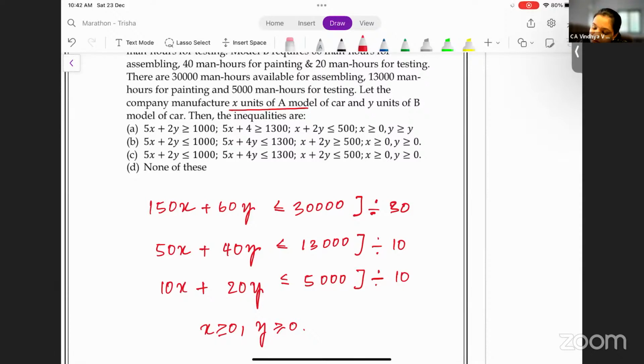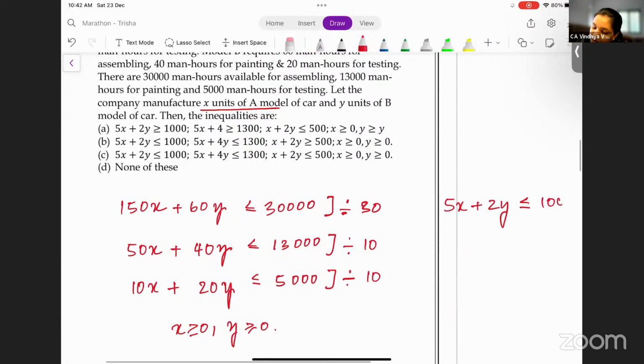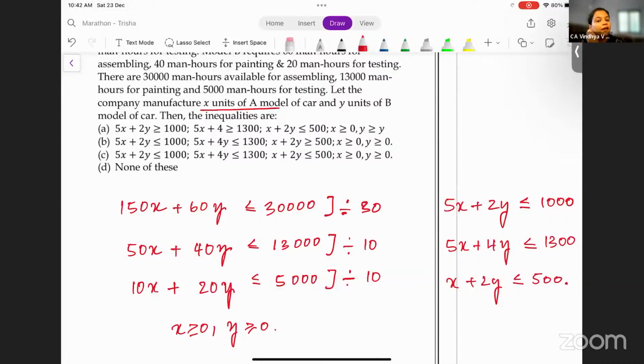So you get 5x plus 2y lesser than or equal to 1,000. Next, 5x plus 4y lesser than or equal to 1,300. And next, x plus 2y lesser than or equal to 500. I hope this is clear.